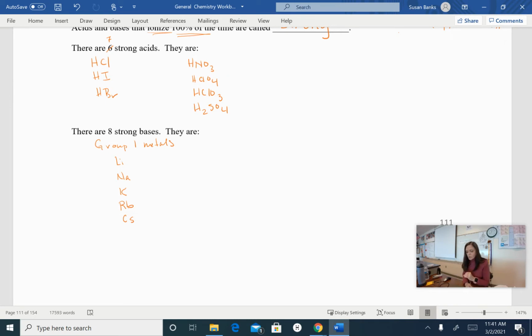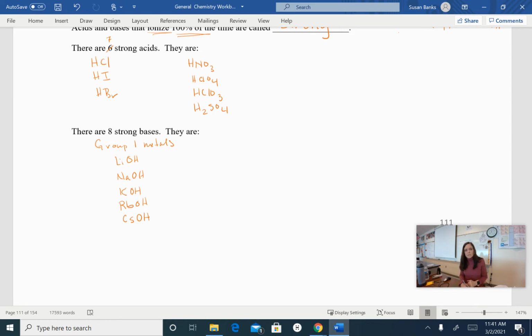Okay, so these all will have a positive 1 charge. So that means we have to put 1 hydroxide group with them. So we have lithium hydroxide, sodium hydroxide, potassium hydroxide, rubidium hydroxide, and cesium hydroxide.